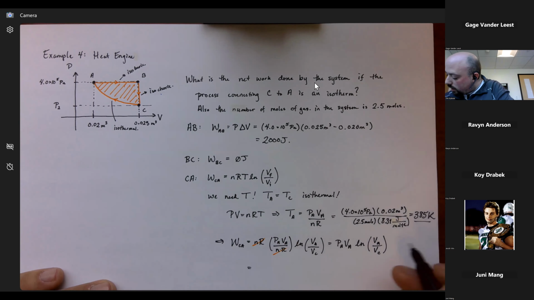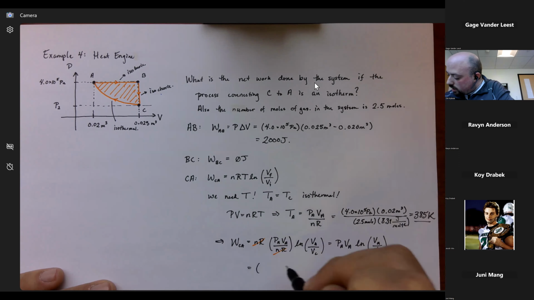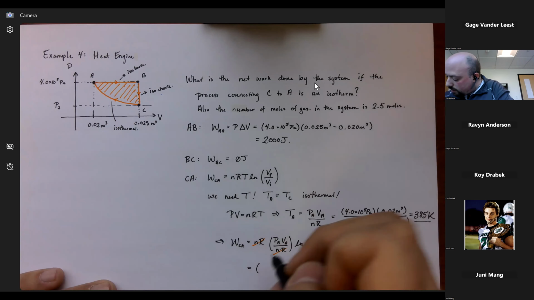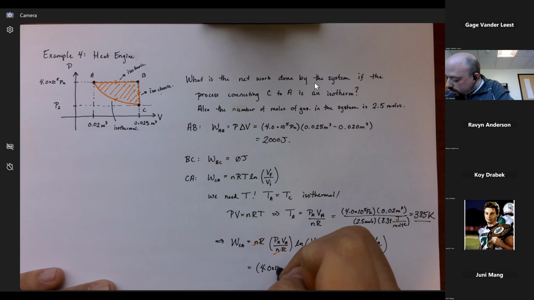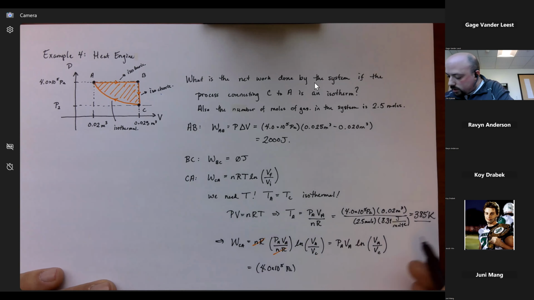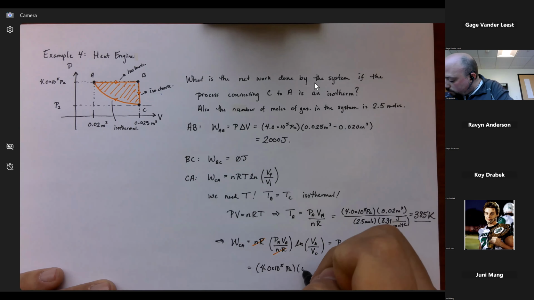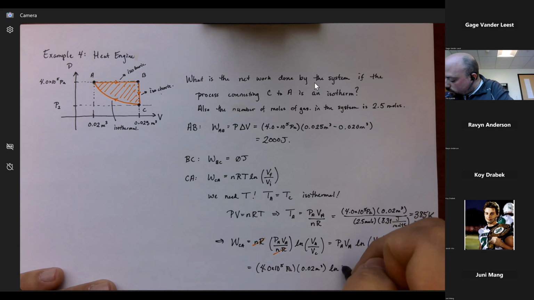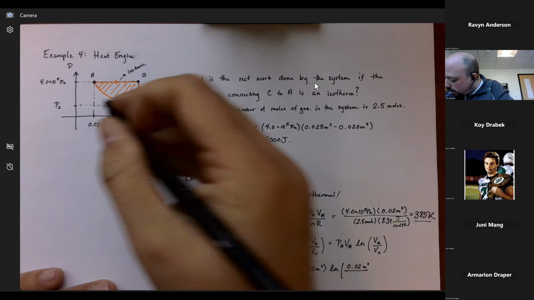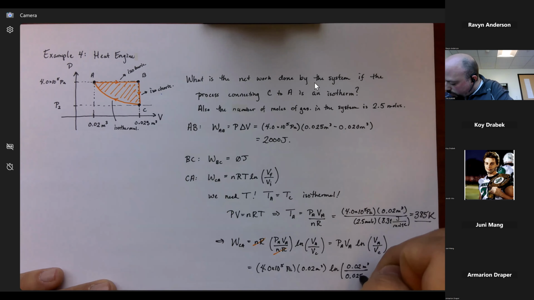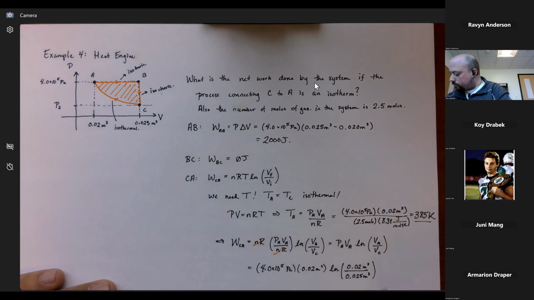And so if we plug that information in, we have the pressure at A being 4 times 10 to the 5 pascals times the volume of 0.02 cubic meters times the natural log of volume A, 0.02 cubic meters divided by 0.025 cubic meters.